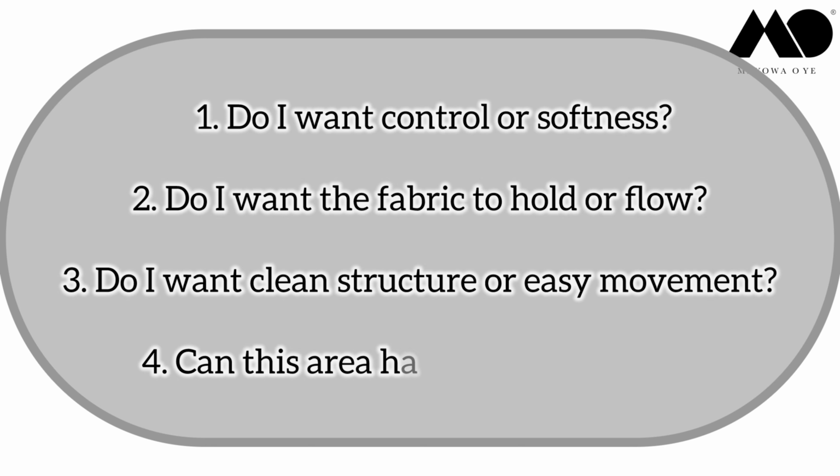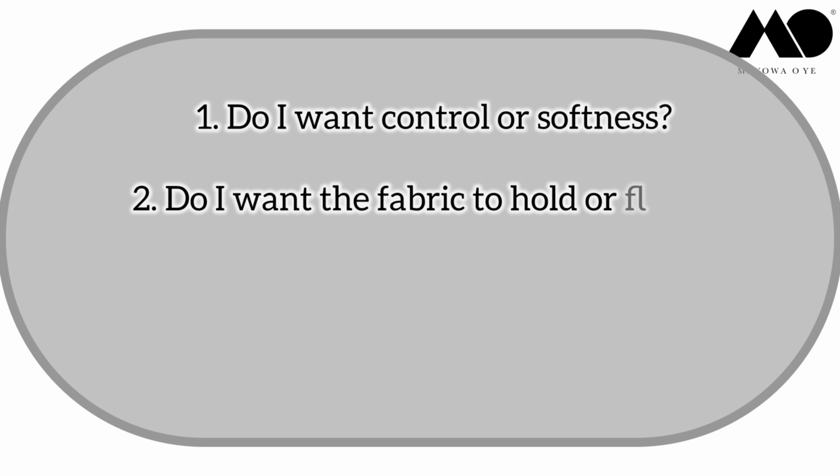And fourth, can this area handle extra stretch? And that last question matters a lot because some parts of a garment can handle more give and stretch and other parts really cannot. So before you place the grain line, think first about what the design needs the fabric to do, and that will guide you much better than just copying what you are used to doing.